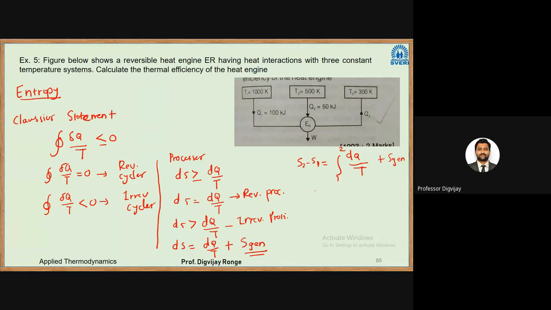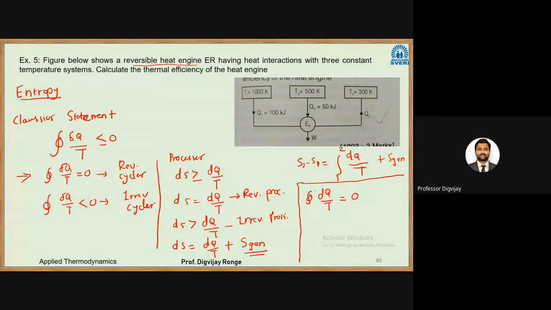Now in this case, what they have shown is a reversible heat engine. That means I can apply this equation. Here I can apply the cyclic integration of dQ/T equal to 0 because all the processes are reversible. What is meant by that?